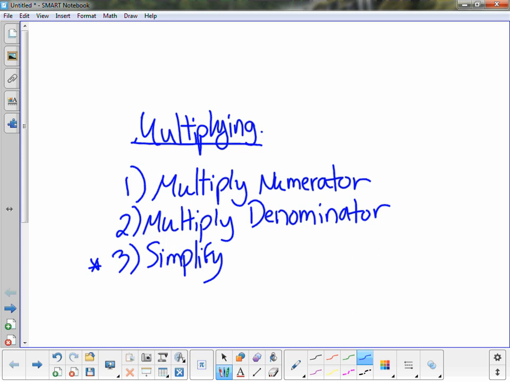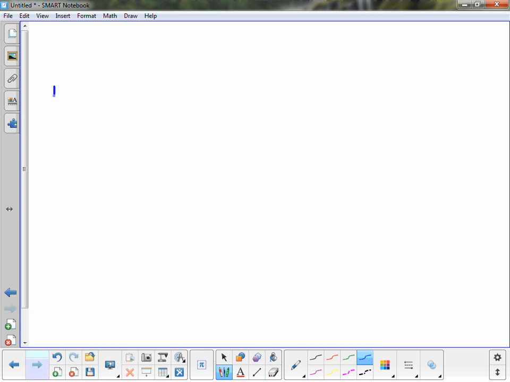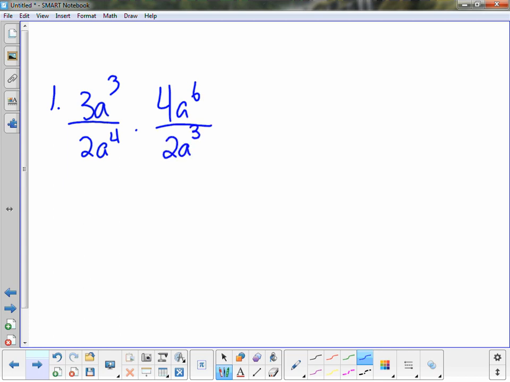You also bear with me because I'm going to have to write them. For number 1, we have 3a cubed over 2a to the 4th times 4a to the 6th over 2a cubed. So I want to multiply the numerator.